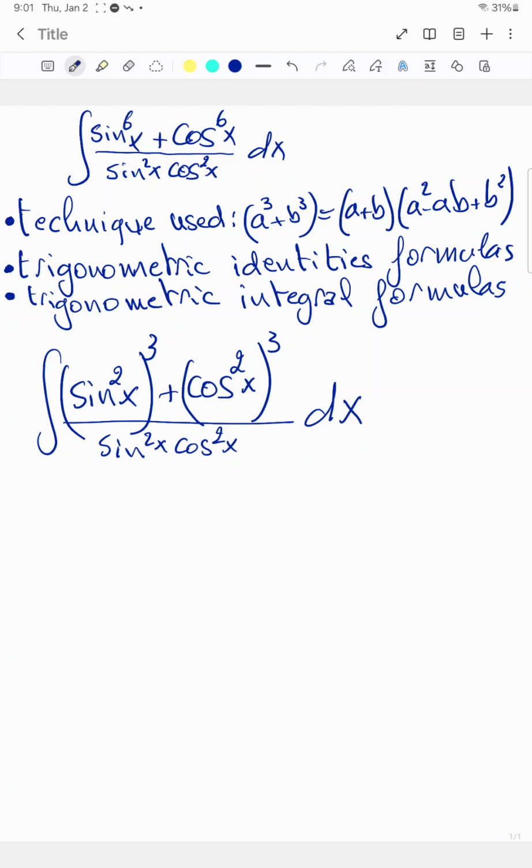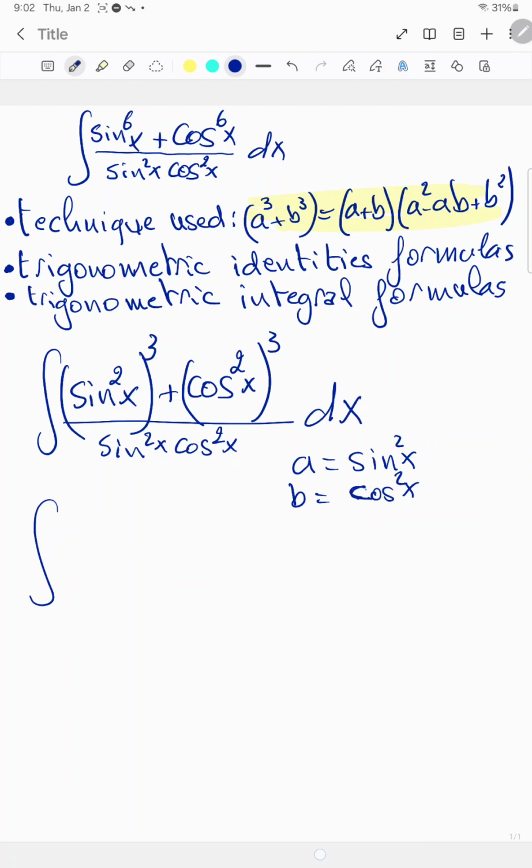So now my numerator looks like a to the power of 3 plus b to the power of 3, which is equal to that formula here, a plus b times a squared minus ab plus b squared. In that case, I have a equal to sine square of x, and my b is equal to cosine square of x.